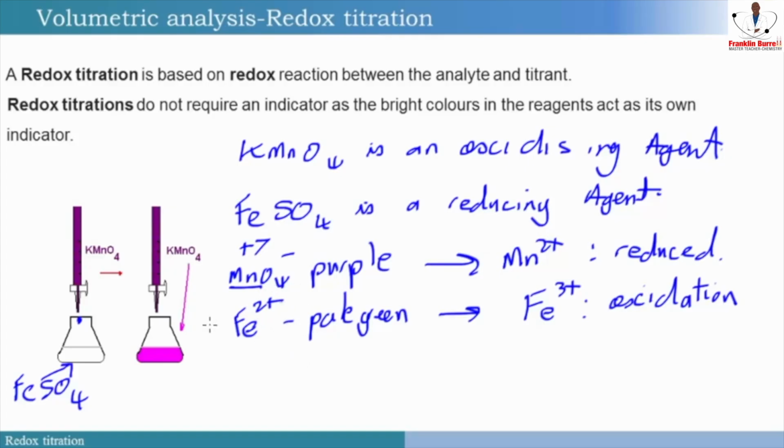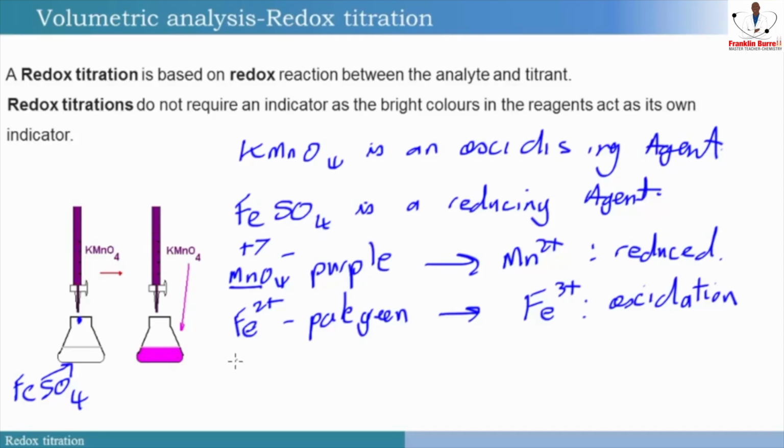Now, the moment that there are no more Fe2 plus ions present, then you'll have a sharp color change, and that would signal the end point of our reaction. Remember, we do not use an indicator for redox titration.